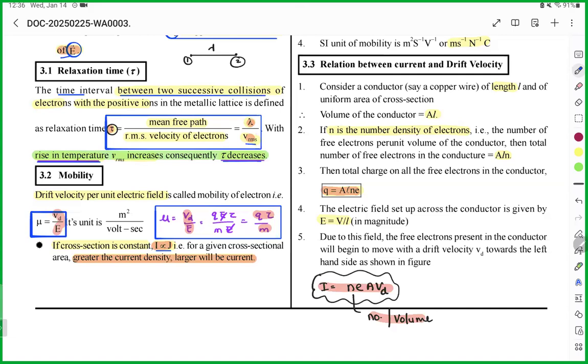What is the mean free path? Mean free path is the distance between two collisions. Example, at point A you have a collision, at point B you have a collision. The distance between these two points is known as the mean free path, and the time taken between these collisions is tau. Understood, guys?